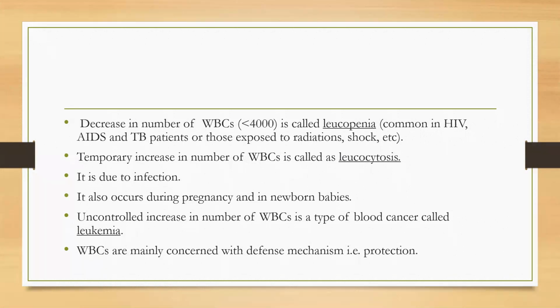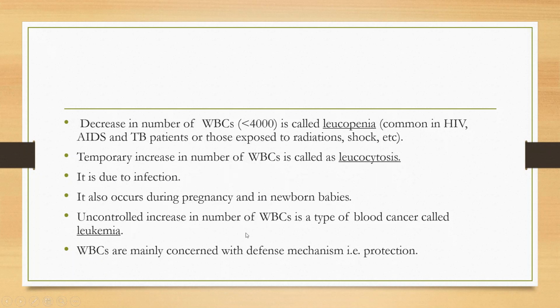So there is a temporary increase in the number of WBCs during infections, and this is called leukocytosis. It also occurs during pregnancy and in newborn babies, who also have a large number of WBCs.